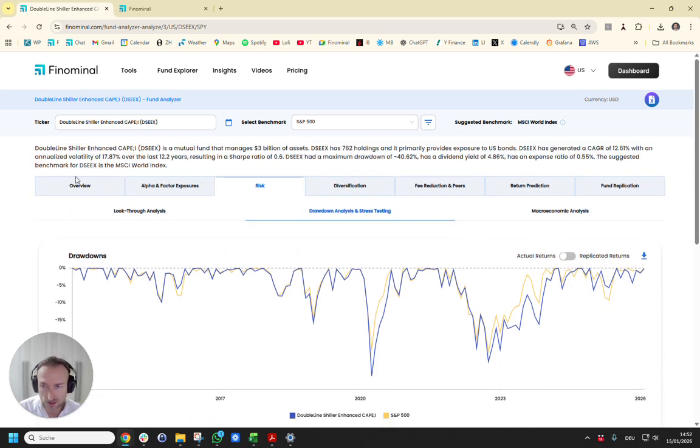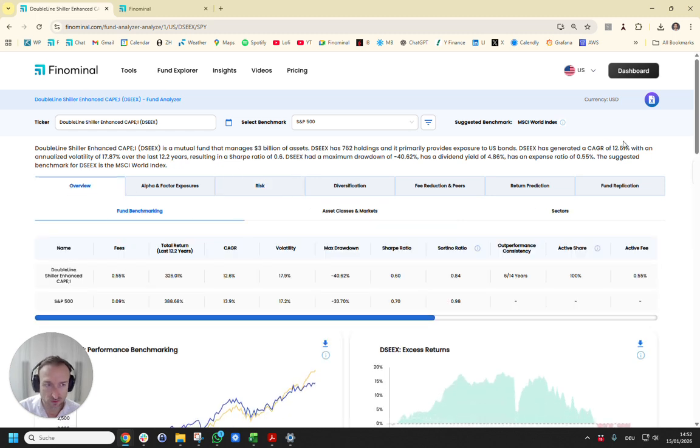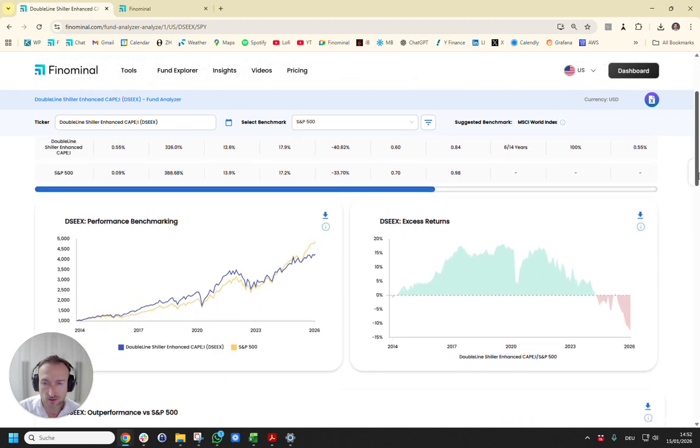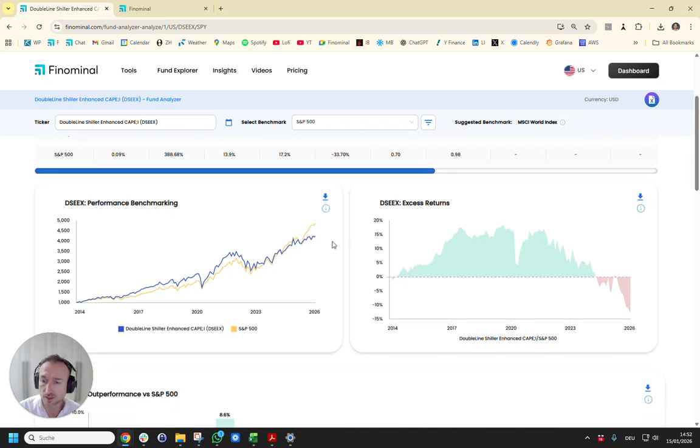If we move away from risk and move to performance, we do have a track record over the last 12 years, but there's very little differentiation to the S&P 500. We do see an outperformance from 2014 to 2022, and that's of course when bonds increased in value, versus in 2022, when interest rates started going up, bonds started declining, and you can see the outperformance turning into underperformance.